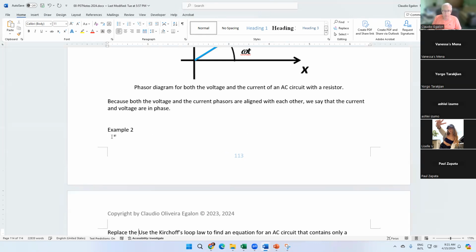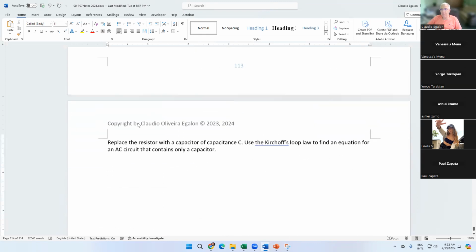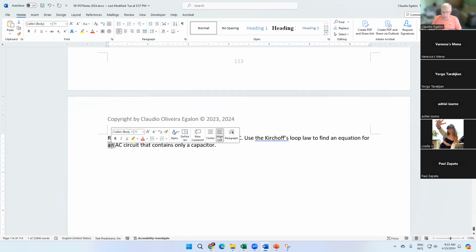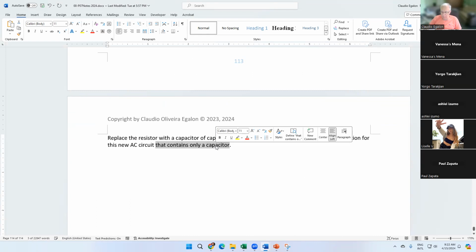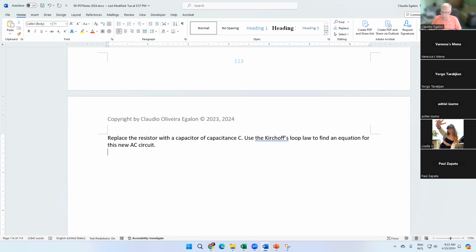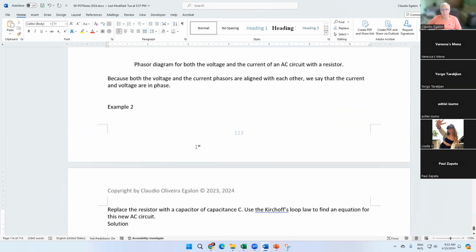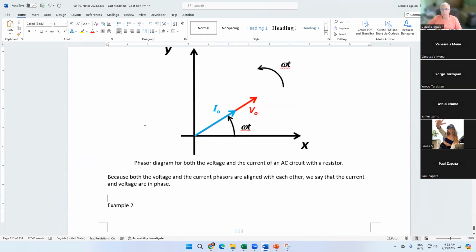Replace the resistor with a capacitor of capacitance C. Use the Kirchhoff loop law to find an equation for this new AC circuit. So here you go. Solution. Example 2.